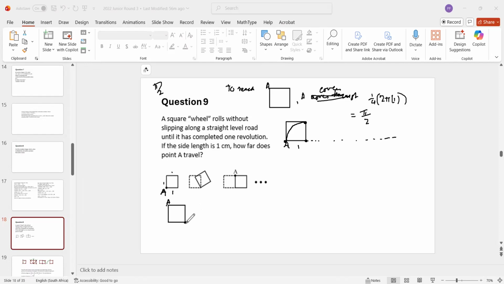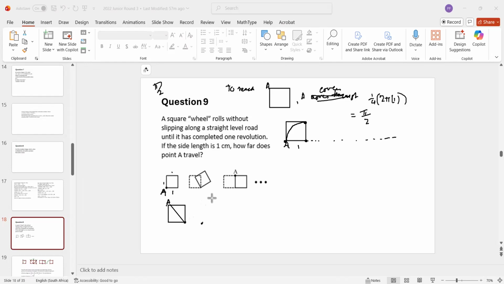To do that, I still have to rotate. This wheel is turning, so I must turn one more. This part comes down here. But what happens to A? You see, when you turn this thing, A is sitting at the end of this side.